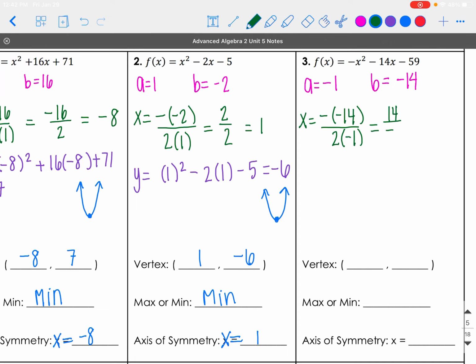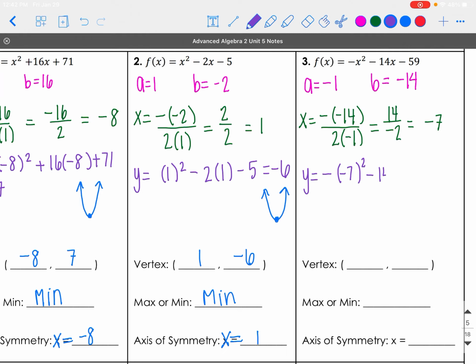So that's positive 14 over negative 2, which is negative 7. For the y value of the vertex, we have to plug negative 7 in. Make sure that you only put the negative 7 in parentheses.